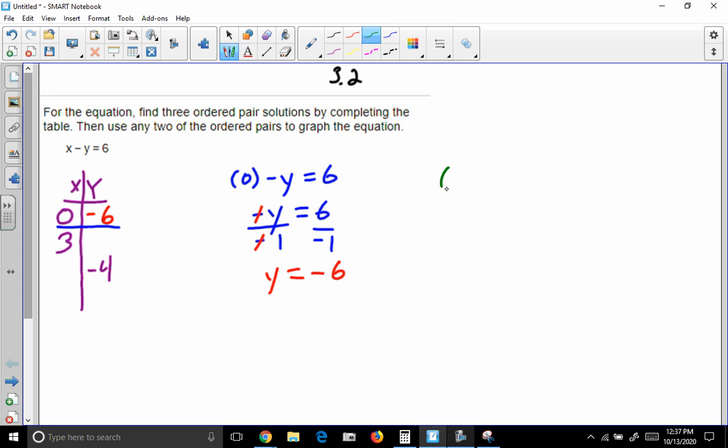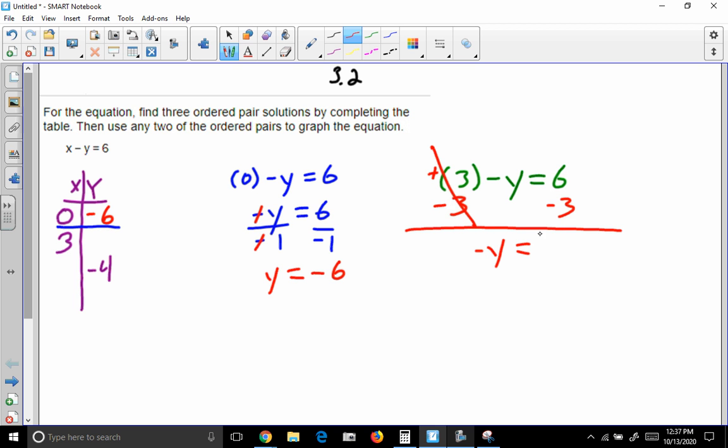It's 3. So we're going to take the same formula, x minus y equals 6, and put a 3 for x. So we want to get y by itself, so make the 3 go away. So the opposite of a plus 3 would be to take away 3. 3 minus 3 cancels, leaving us minus y. 6 minus 3 is 3.